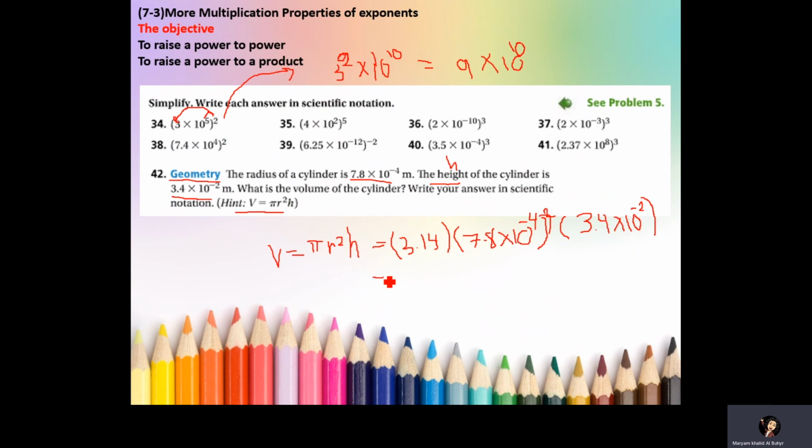So let's work on distributing first so we can remove our power. 3.14 times 7.8 to the power 2 times 10 to the power -8. Then I will drop this one as it is.